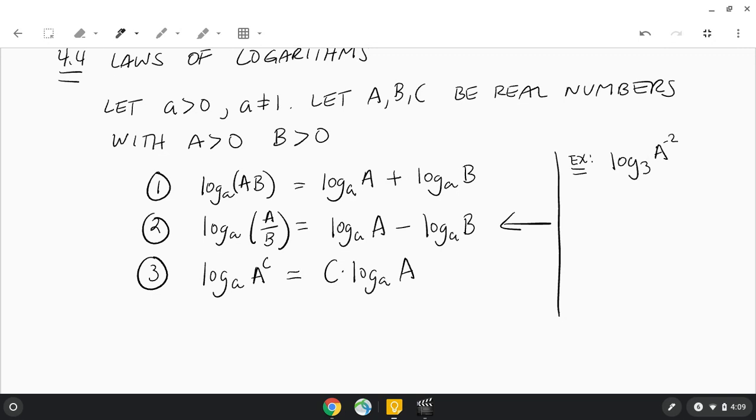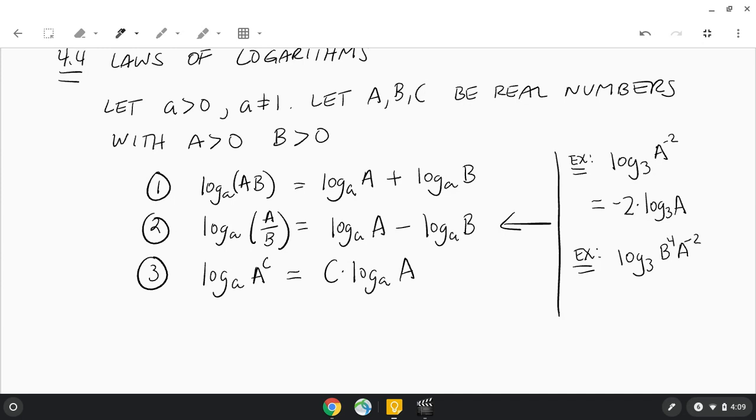According to number 3, we can take that exponent negative 2 and move it down to the front. Now let's take a look at this one, where we're taking the log base 3 of b to the 4th power times a to the negative 2.